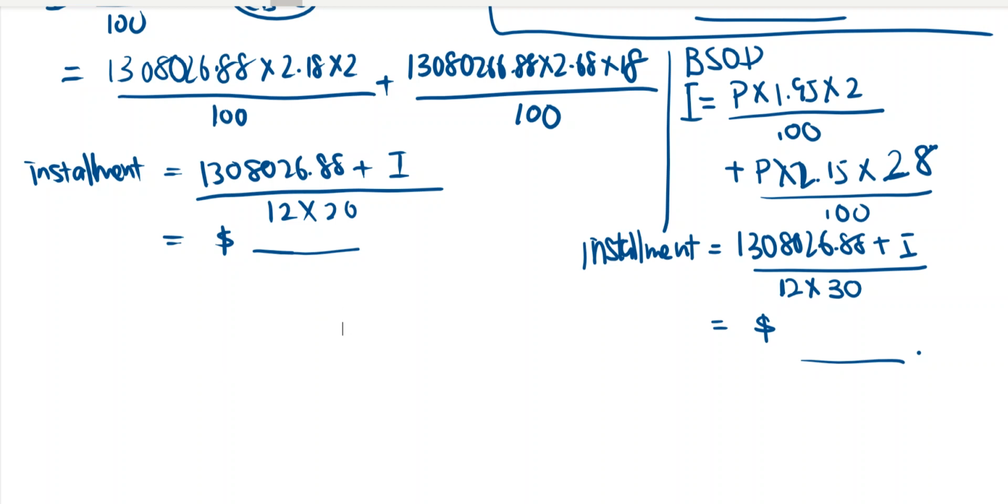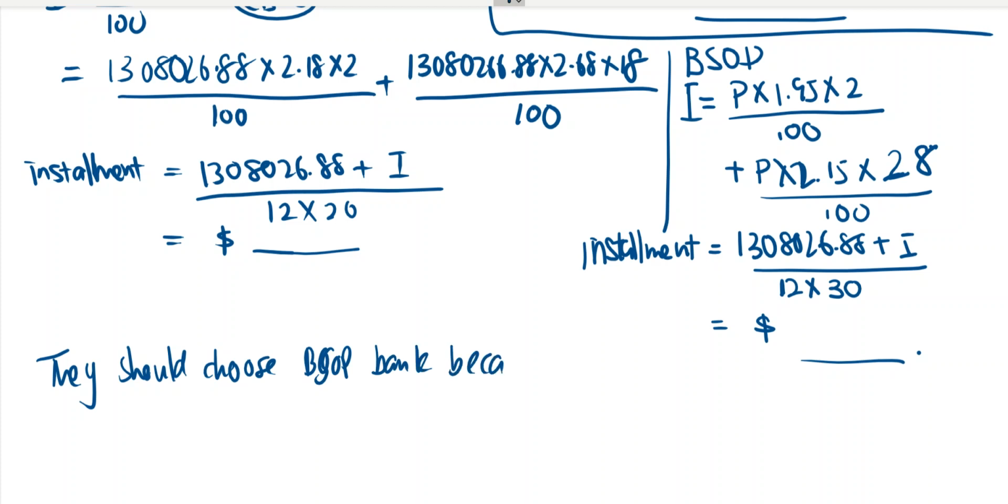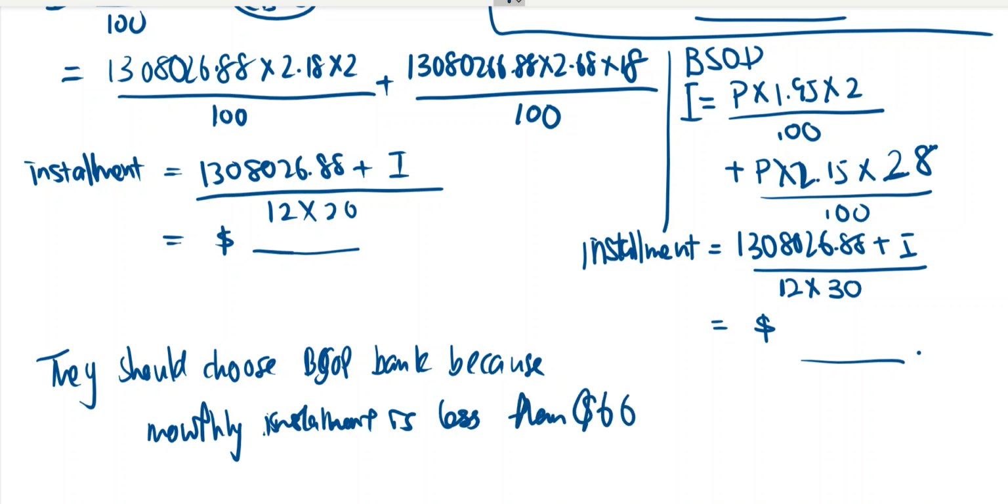You can say that they should choose BSOP bank because the monthly installment is less than 6,000, and that's why they can afford it, although the tenure is longer.